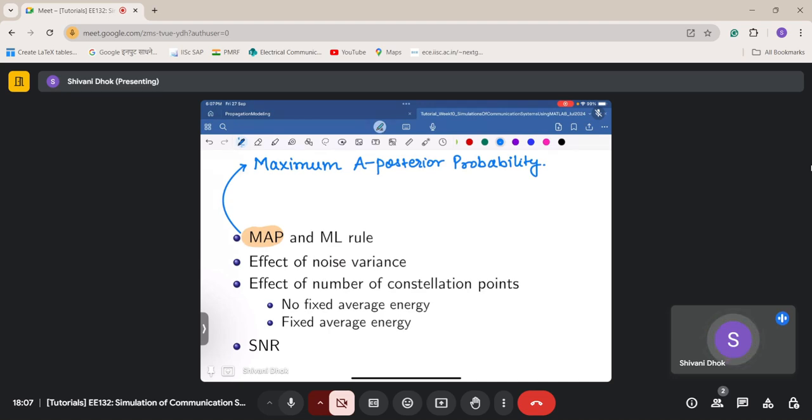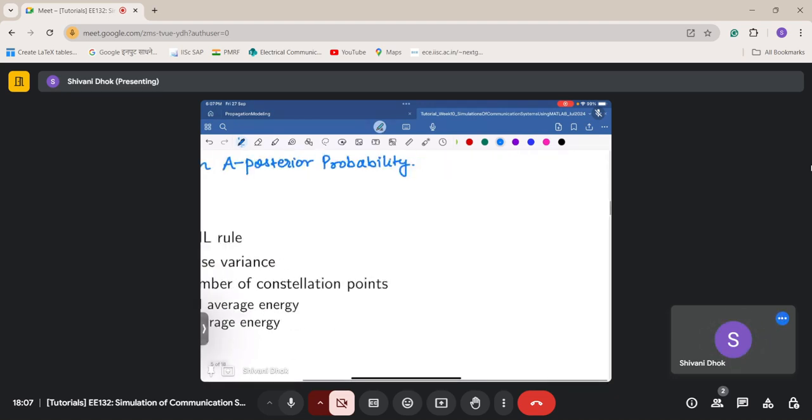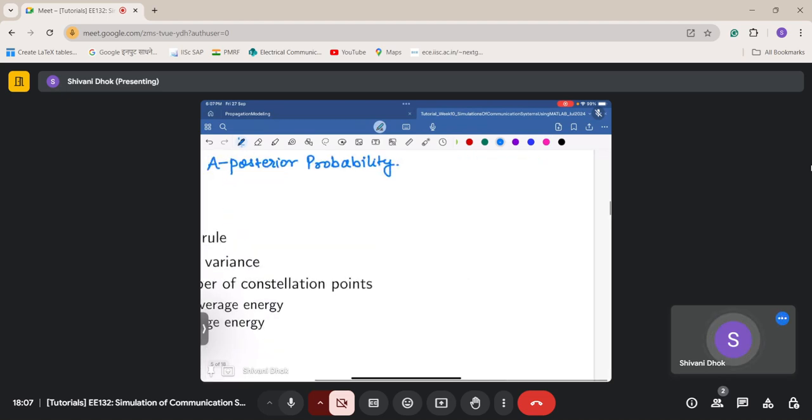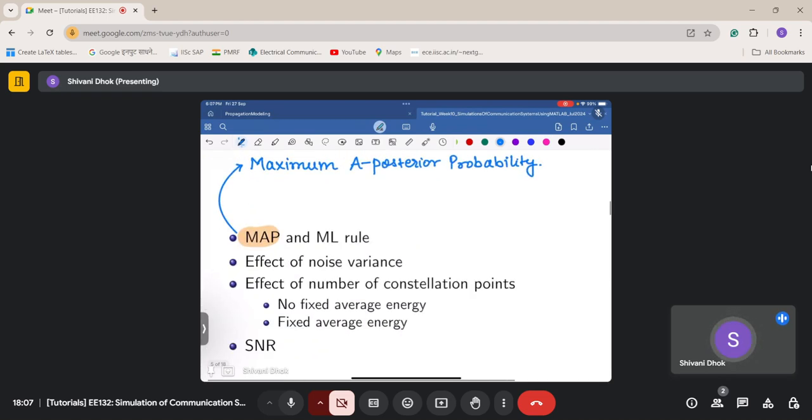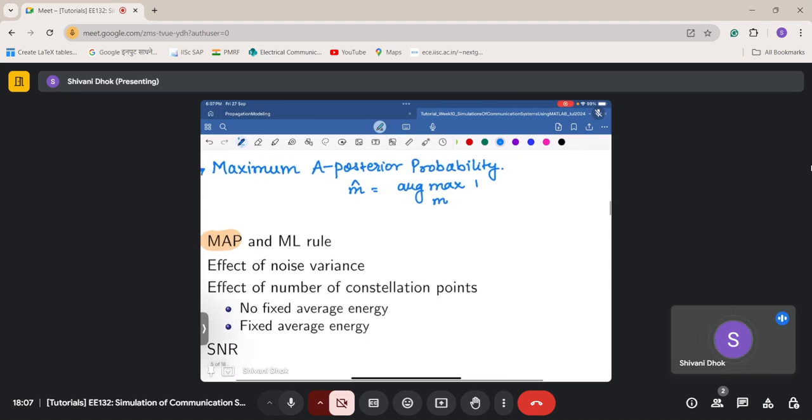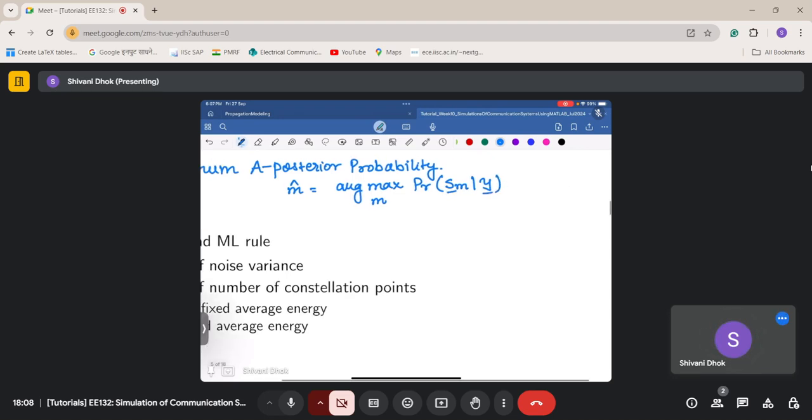So this particular rule says that my optimal m hat, the decoded symbol m hat, will be equal to arg max over m of the probability that you have transmitted the signal s_m given you receive y. This particular probability is called the a posteriori probability.